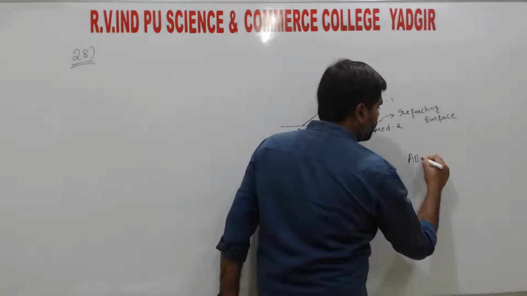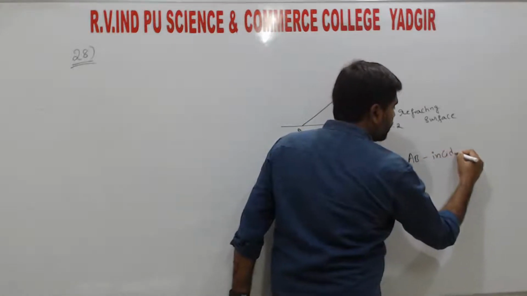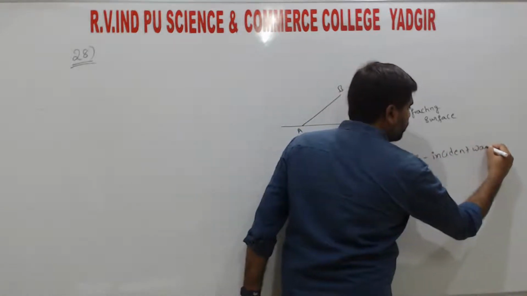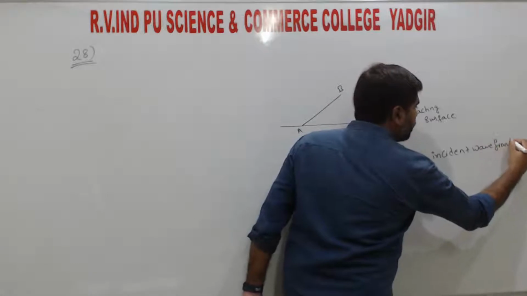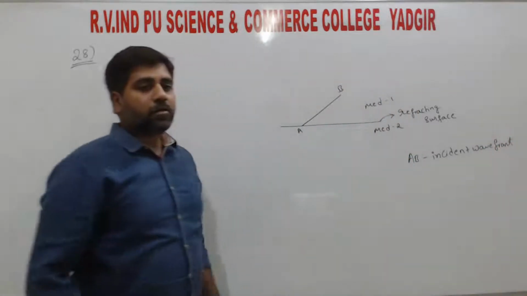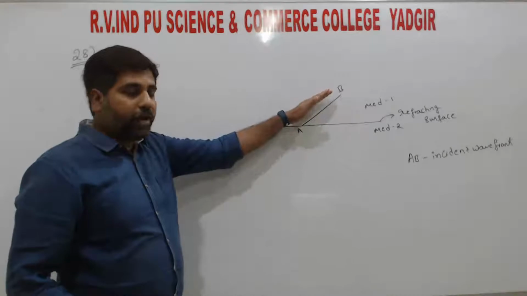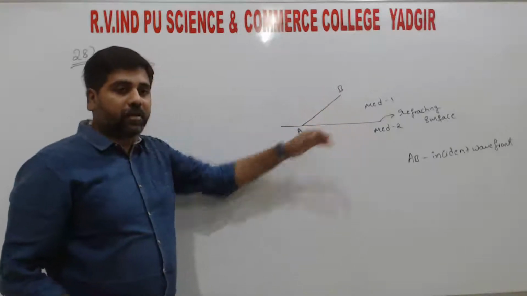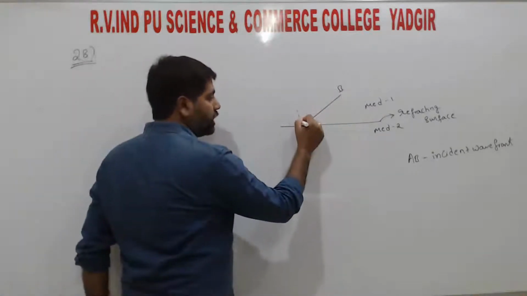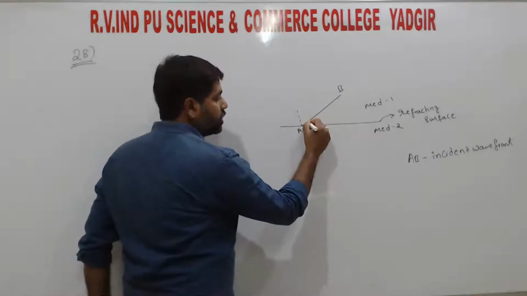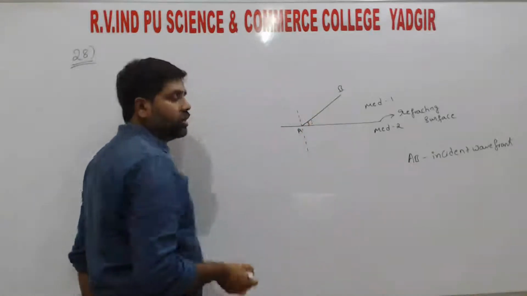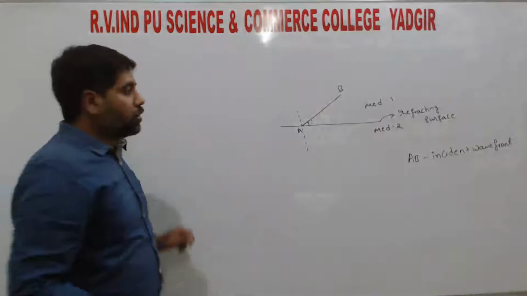So when the incident wavefront is incident on the refracting surface, it makes an angle of incidence, that is i. So this angle of incidence is i, right?